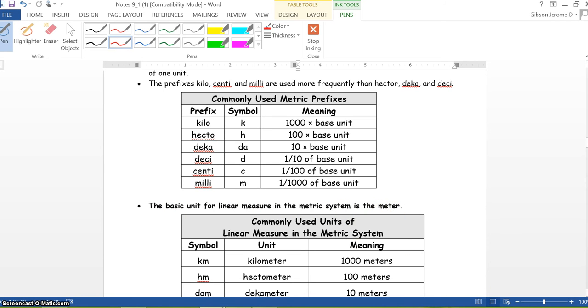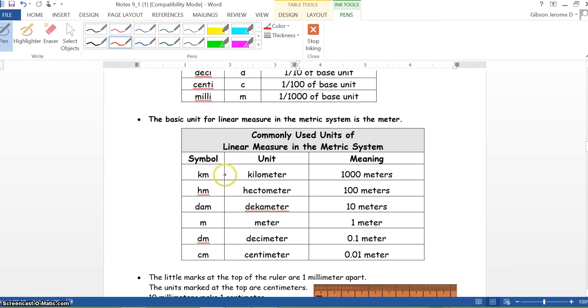So, if you look at these 6 units of measure here, you notice each one has 1 letter, except for deca, which is DA. And meter is all by itself. It's just the M. So all of them have the prefixes in front of them as 1 letter except for decameter. And meter itself just has meter.